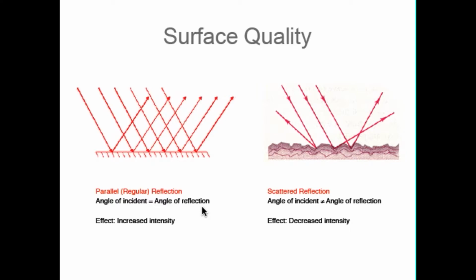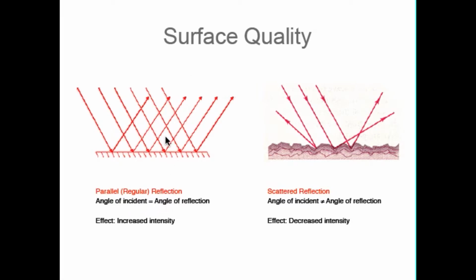That's a scientific way of saying if it hits at 45 degrees, it'll bounce off at 45 degrees, and with a smooth surface, everything is uniform in terms of angle. It's like if you bounce a ball on a floor, it's going to hit and then bounce off away from you at the same angle, but in the opposite direction.